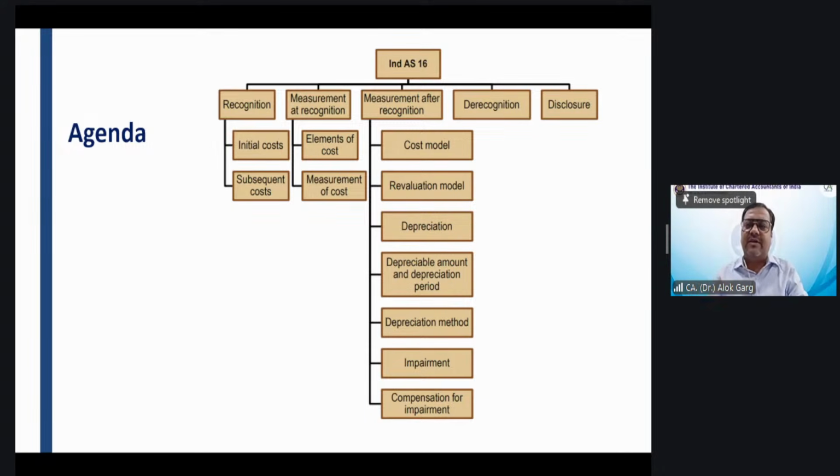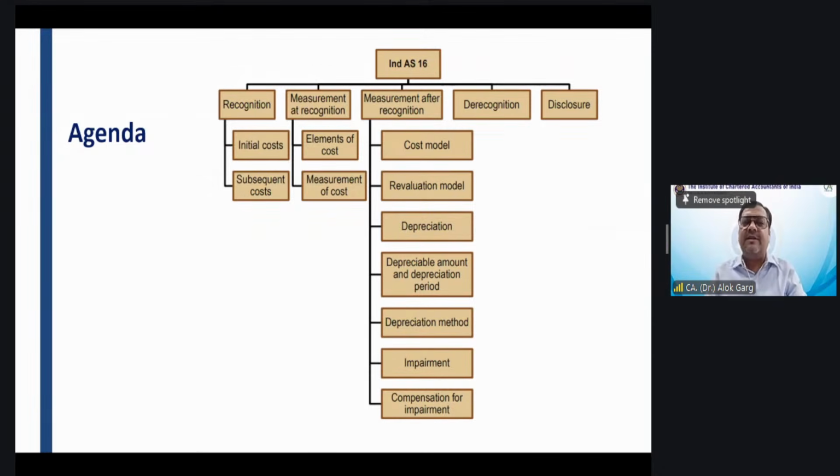Ind AS 23 also, and Ind AS 105, non-current assets held for sale and discontinued operations. So if you understand Ind AS 16 very well, it will help you in 4 to 5 standards.